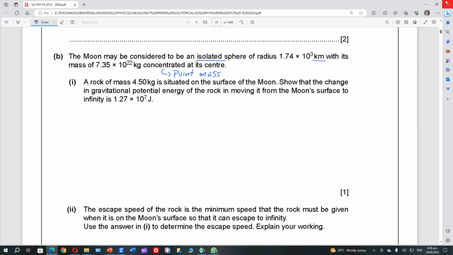So you have to read the question. So moon's surface is the radius actually, and infinity means that is far away where the potential becomes zero. This is the formula.